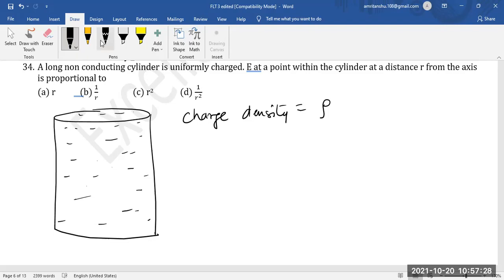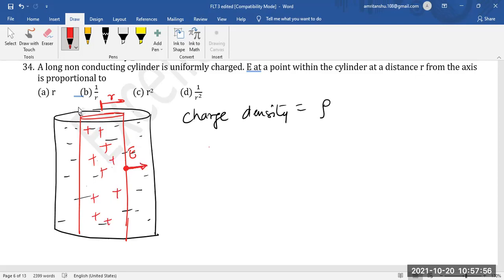Now what we are going to do is take a small radius r from here, and at this point we need to calculate E. If this is positively charged, the direction of E is going to be like this.